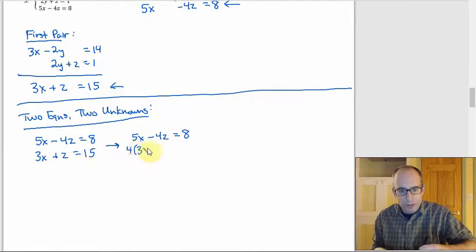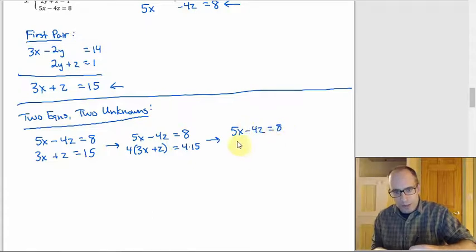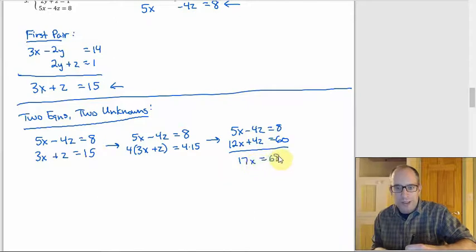So 4 times 3x plus z equals 4 times 15. So then we're going to end up with 5x minus 4z equals 8, and 12x plus 4z equals 60. And if you add those together, you get that 17x equals 68. And if that's the case, then x would have to be 4.